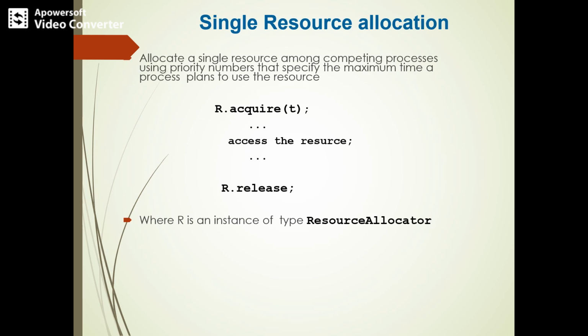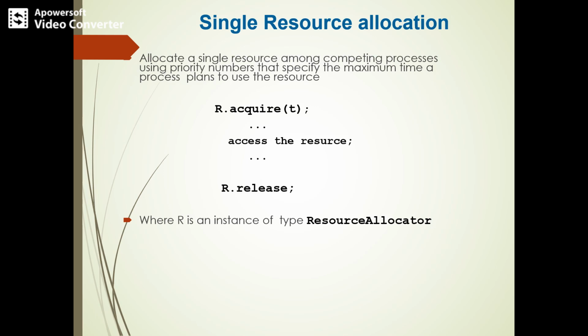This is for a single resource allocation. In the case of the monitor, you can observe that there are two operations called acquire and release. There is a specific time during which the process is allocated the resources, and the monitor is going to allocate the resource to the process which has the shortest time allocation request.